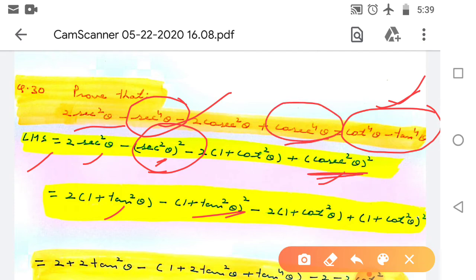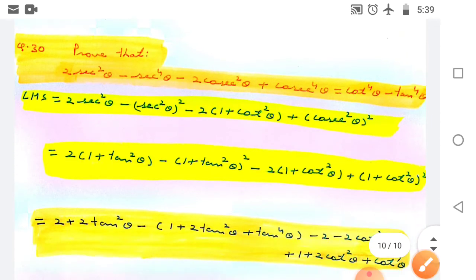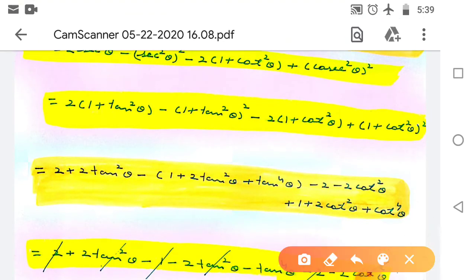we write as cosec square theta whole square, and then instead of cosec square theta write 1 plus cot square theta, and instead of sec square theta we write 1 plus tan square theta. Then you solve these: multiply here, use (a plus b) whole square here, and again use (a plus b) whole square here.